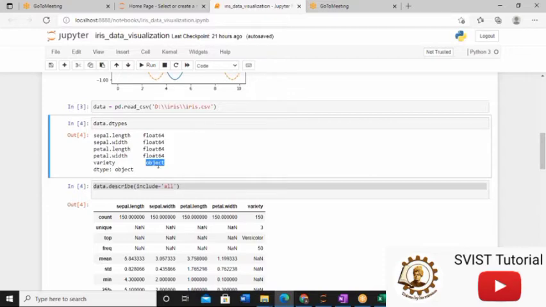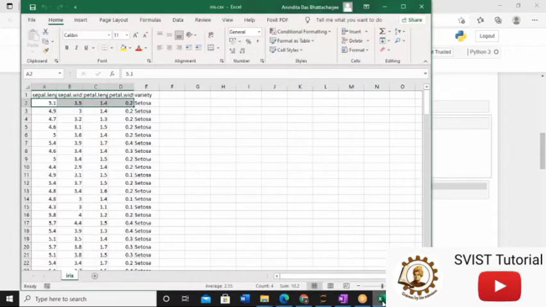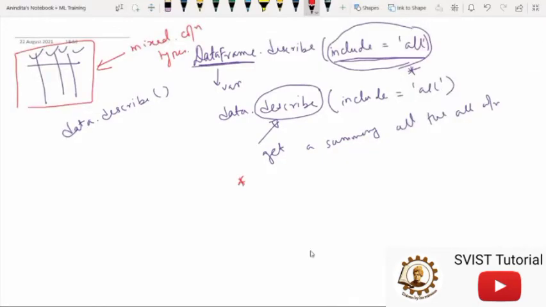So they are mixed column types. Different data types exist in my data file. Here you have to remember one point: I will write this for a particular data frame whenever we have mixed column types.